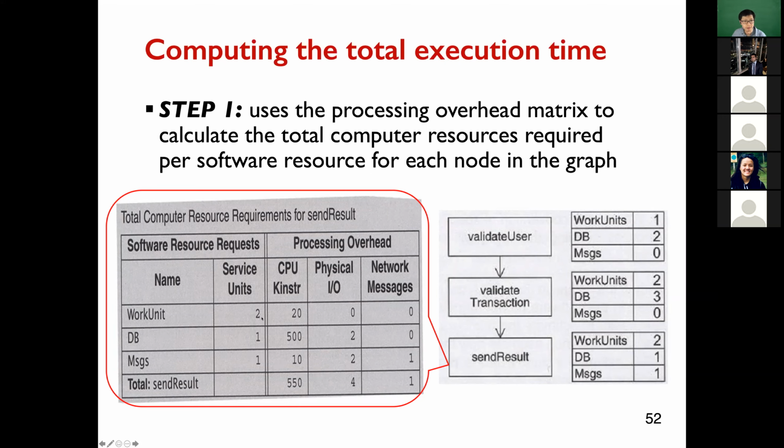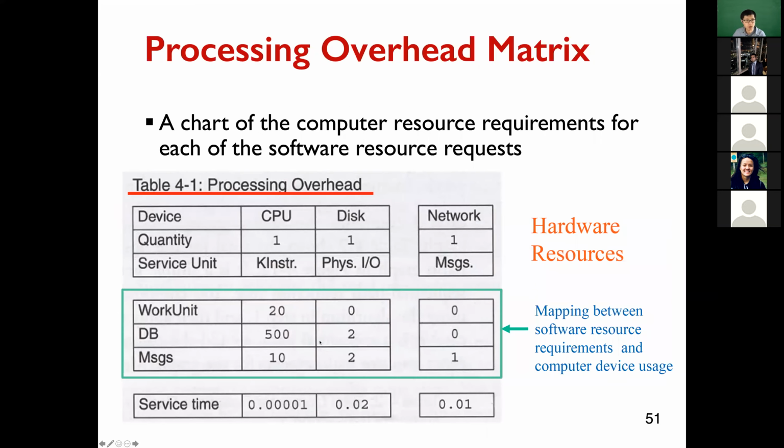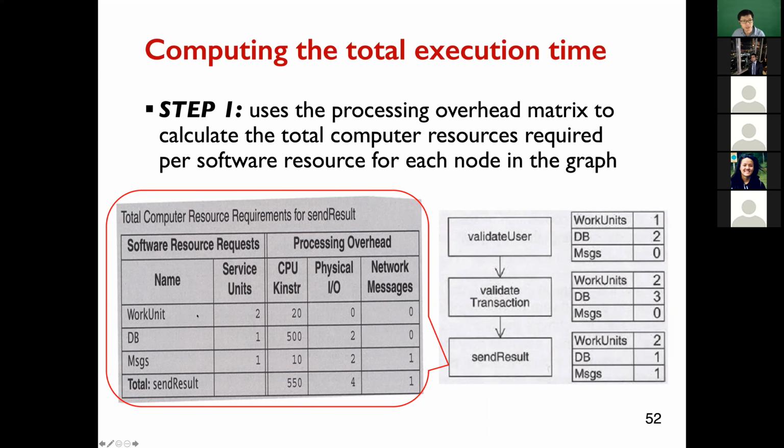And so from the previous page, we know for each work unit, it is mapped to 20K instructions on the CPU. For each DB, it is mapped to 500K instructions on the CPU. And for each message, it's mapped to 10K instructions of the CPU.